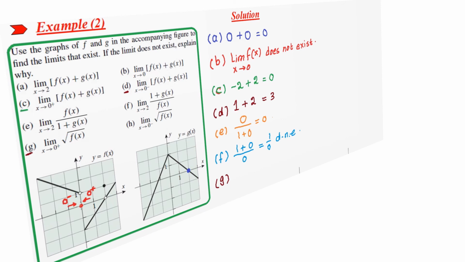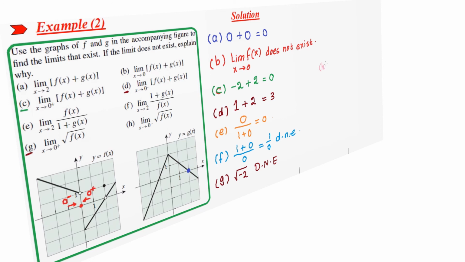So 0 from right equals to -2. So the answer will be square root of -2, which is undefined. So the limit does not exist for part G.